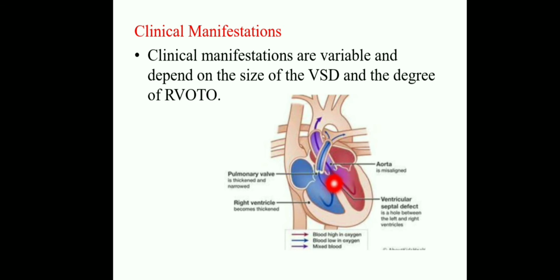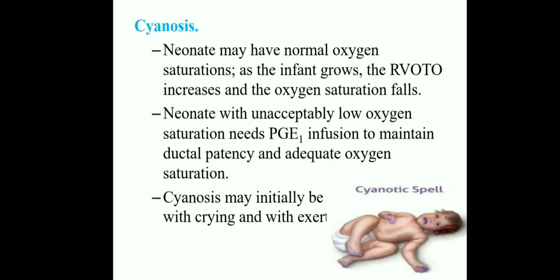If it is very big, deoxygenated blood may enter into the left ventricle and then into the aorta. So the aorta, which should have oxygenated blood, here has the blue color, that is deoxygenated blood, so the child suffers with cyanosis. That is the main clinical feature, and it depends upon the ventricular septal defect.